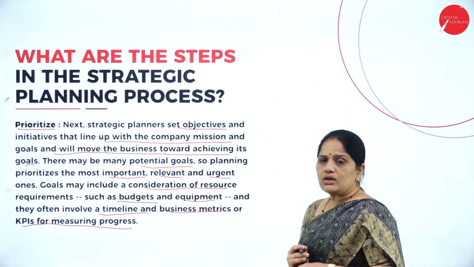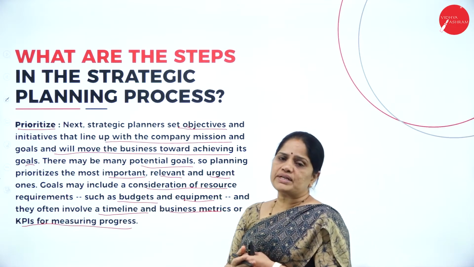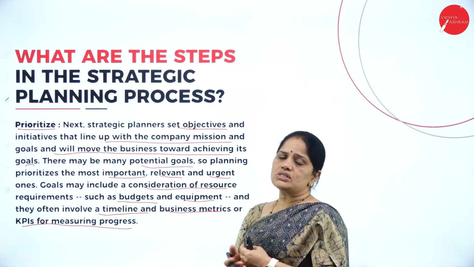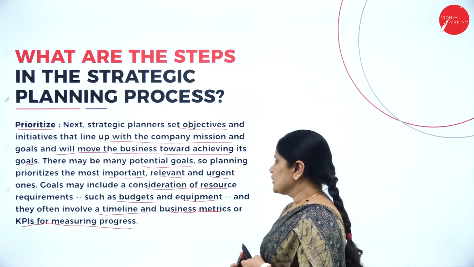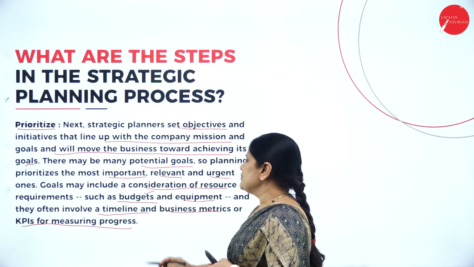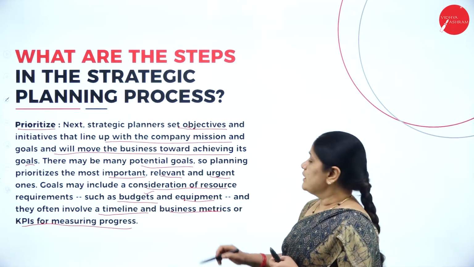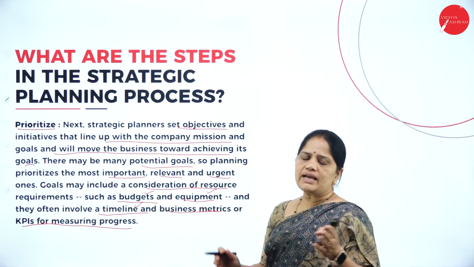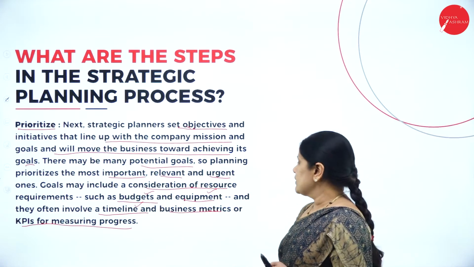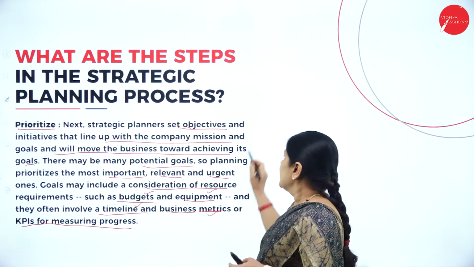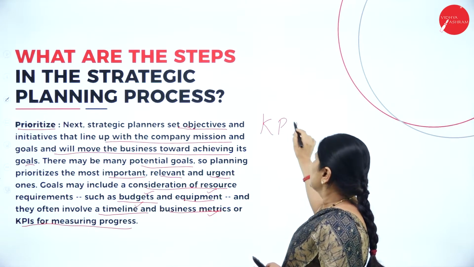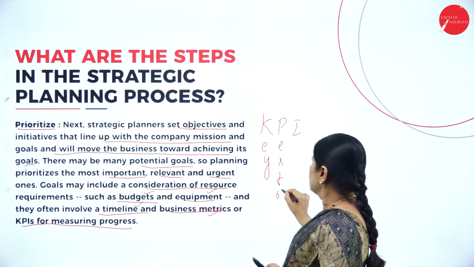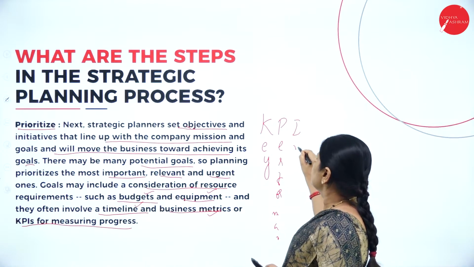So, the goals include a consideration of resource requirements. When you set goals for the organization, you have to allot resources that are necessary for carrying out the goals. We will also be having a budget based on the goals, and also the equipment needed. They often involve a timeline, that is, the time frame within which the goals have to be achieved, and the business metrics or the KPIs, that is, the key performance indicators.